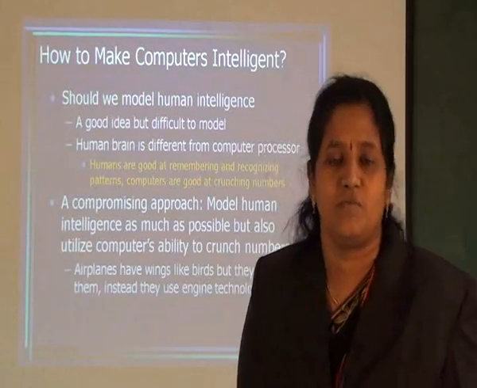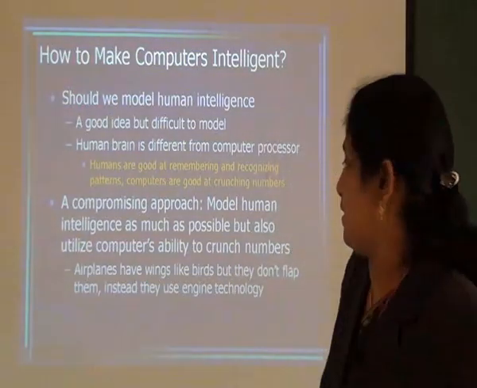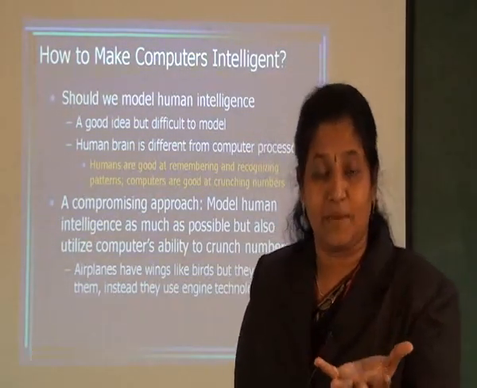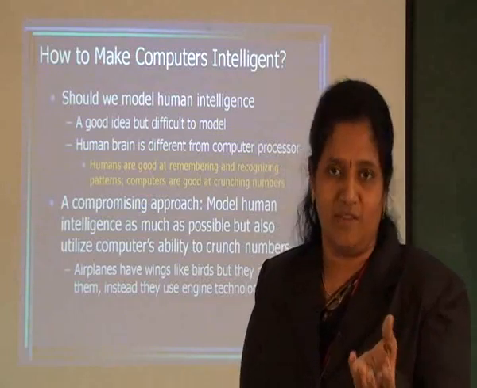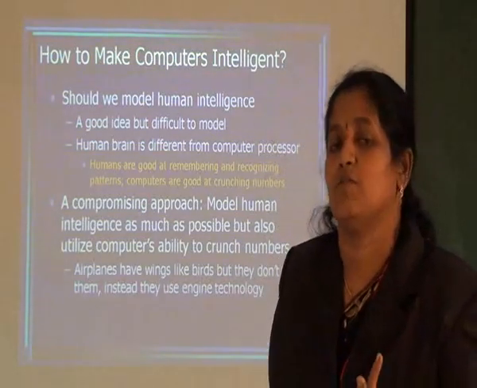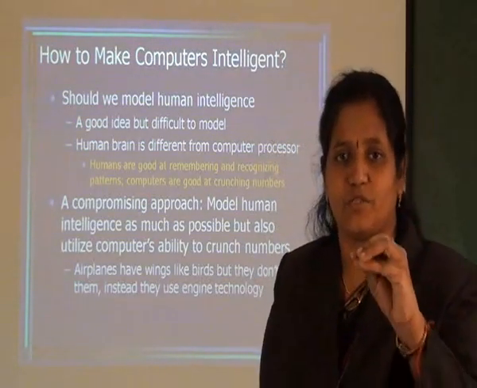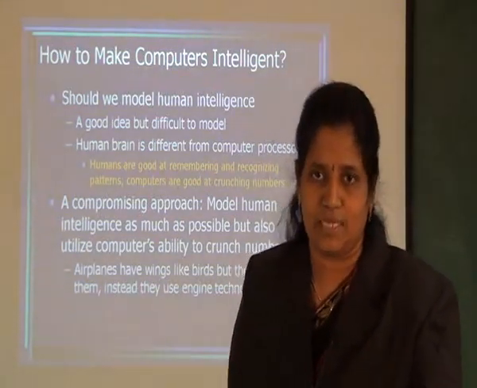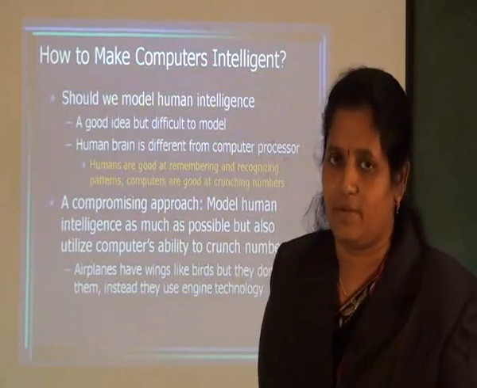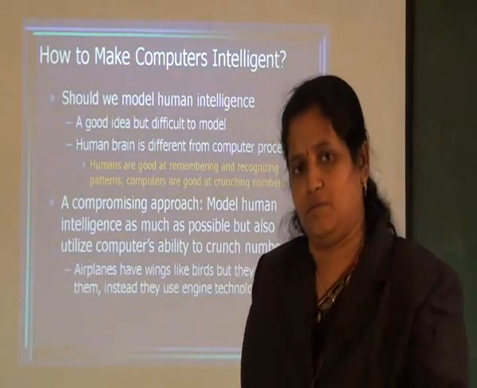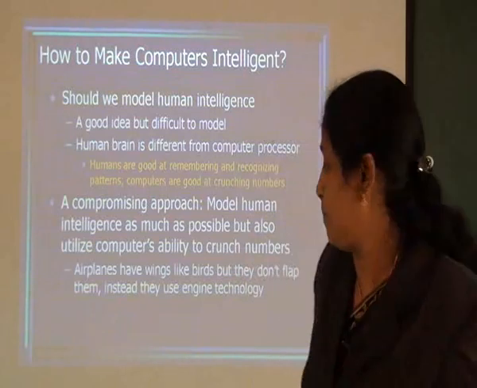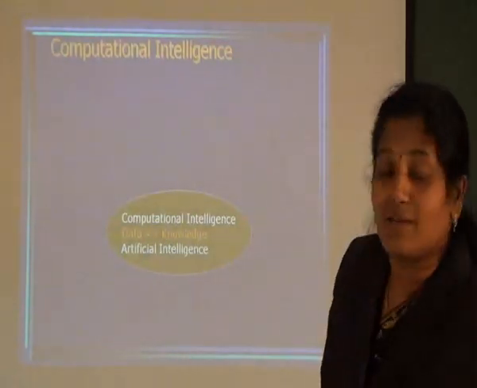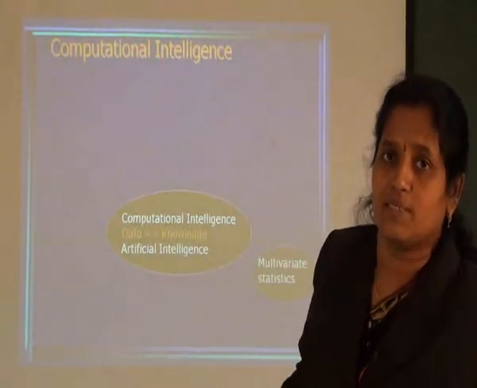For example, aeroplanes have wings like birds, but do they flap? No, they do not flap by themselves. Even though it looks like a bird, it doesn't fly by itself. We need to program it, or the engine should make it fly. This is the technology.